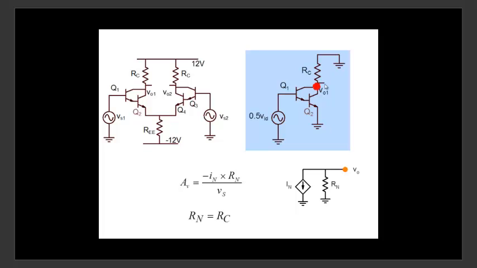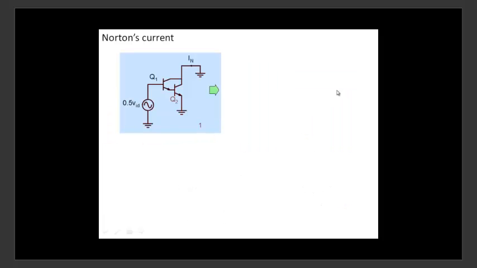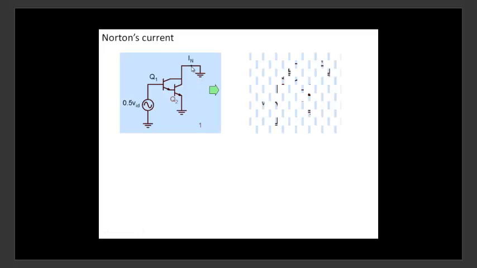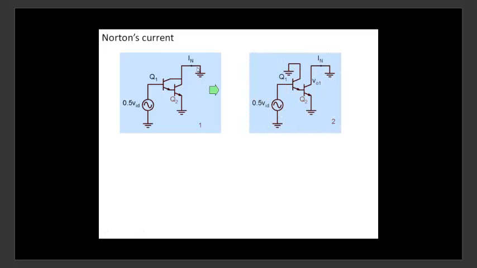What we have to do is calculate Norton's current. Norton's current means that particular node you connect to ground, and you ask yourself, what is the current flowing? When we look at it, we can make an approximation. Although this node is ground, IN is made up of whatever current flows through Q1 and whatever current flows through Q2.